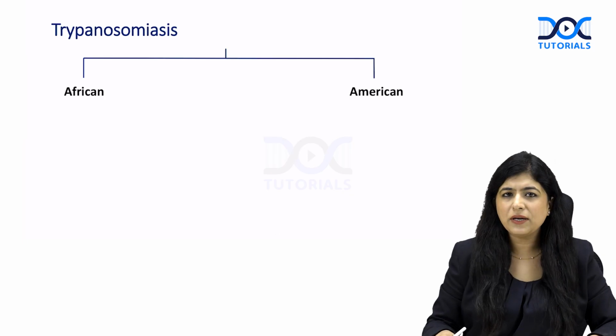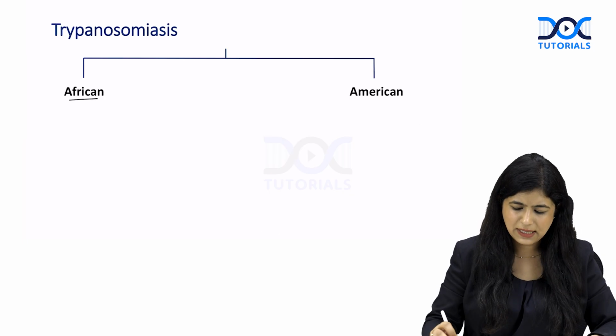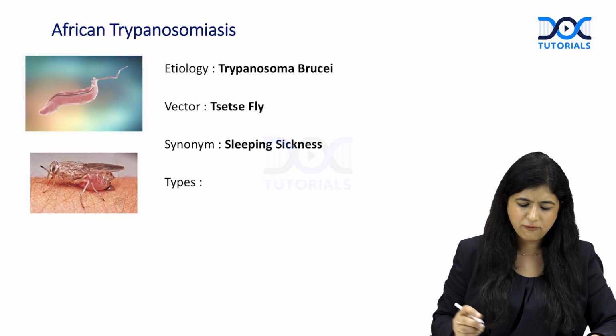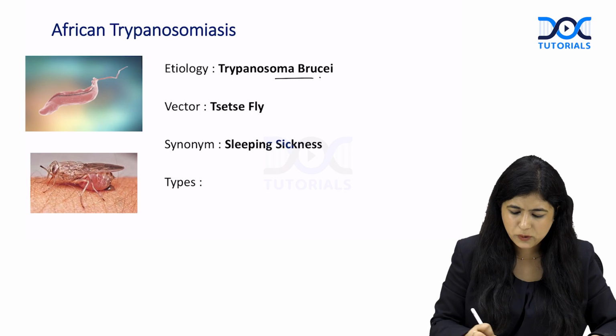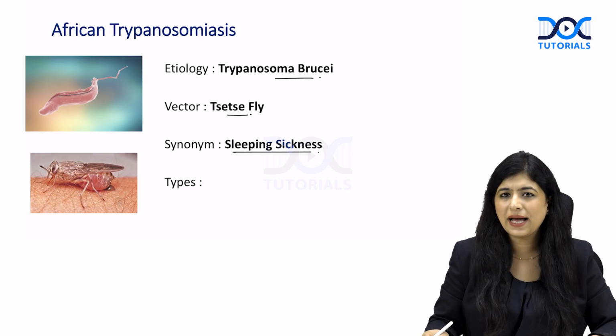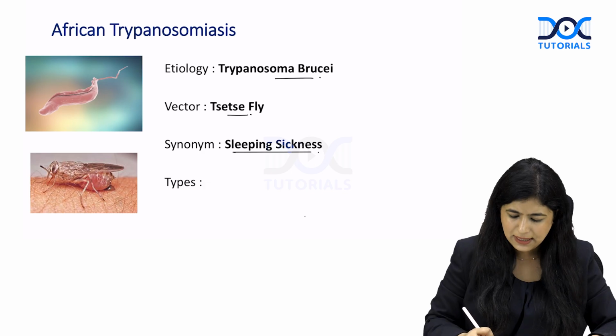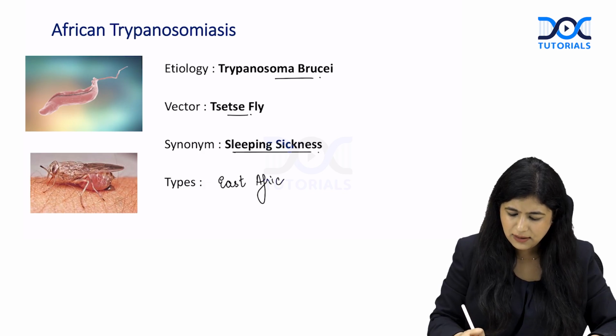Now coming to trypanosomiasis, which has two variants, the African and the American forms. The African trypanosomiasis is caused by Trypanosoma brucei, the vector for which is the tsetse fly, and it is also called sleeping sickness. It is of two types, the East African and the West African forms.